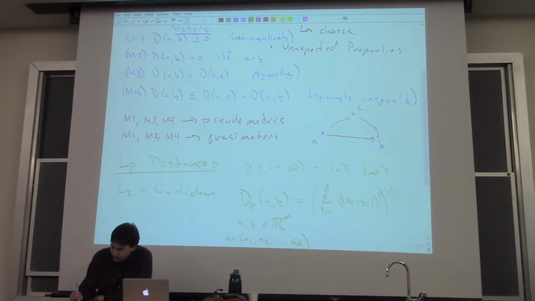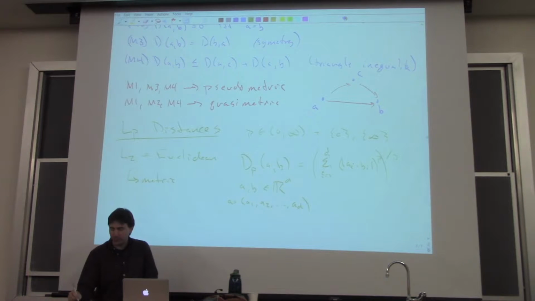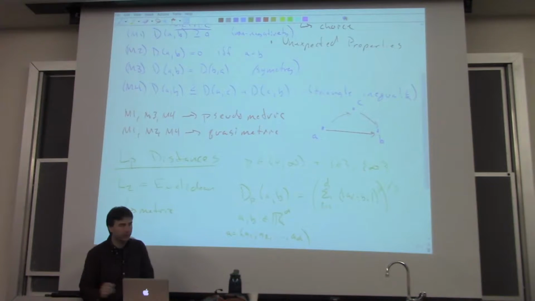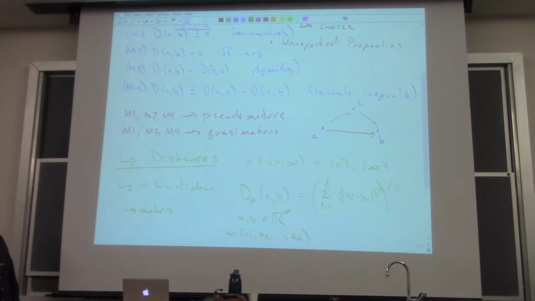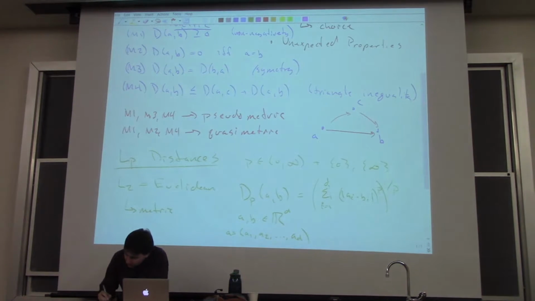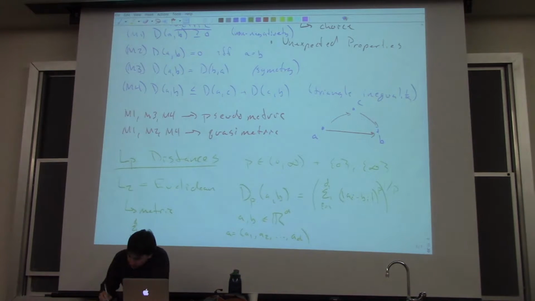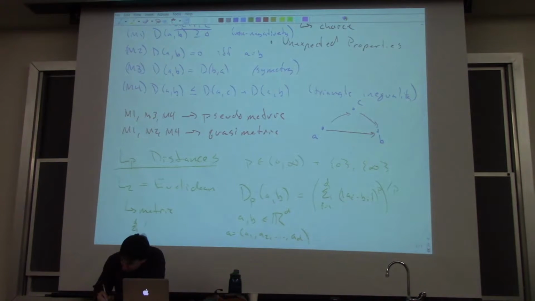Okay, and so the L2 distance, this is a metric, and so just before we move on, let's do a sanity check that it satisfies these 4 properties up here, right? So let me write down just the L2 distance. Is this behind me? All right, I'll move it a second.